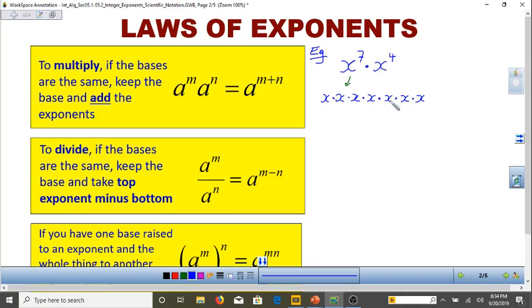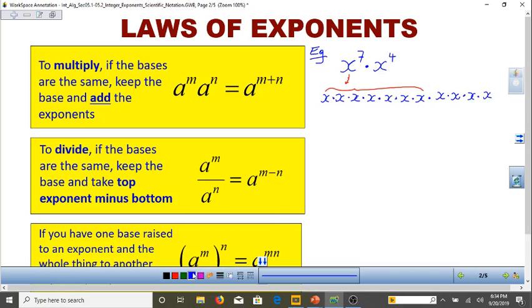That's those 7 right there. Let me write that in red. Then we're going to multiply that by 4 more x's multiplied together: x times x times x times x.